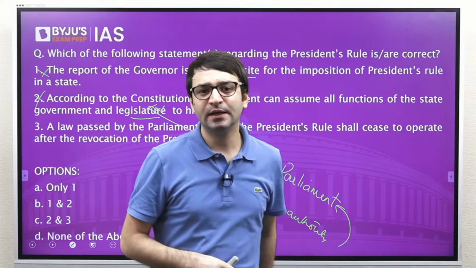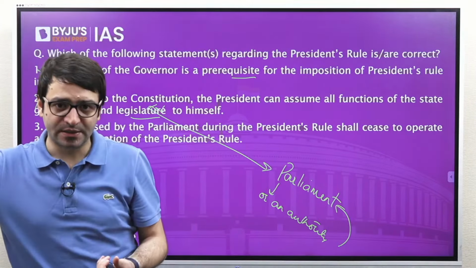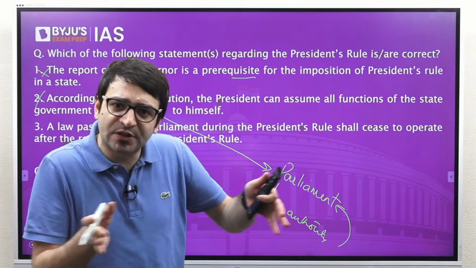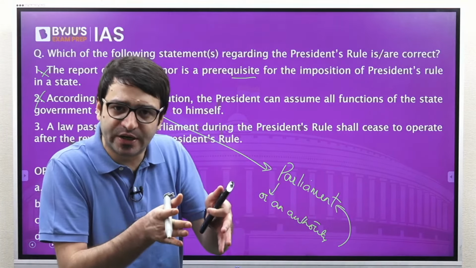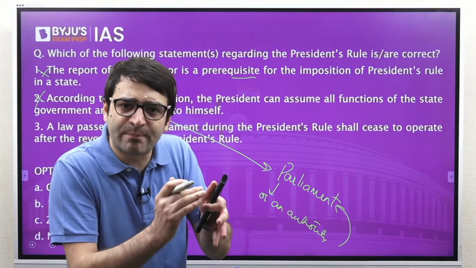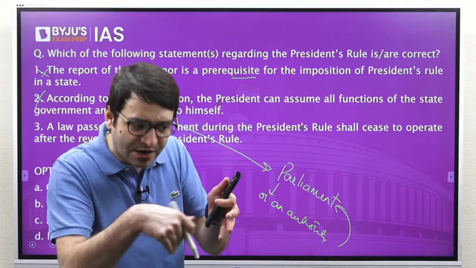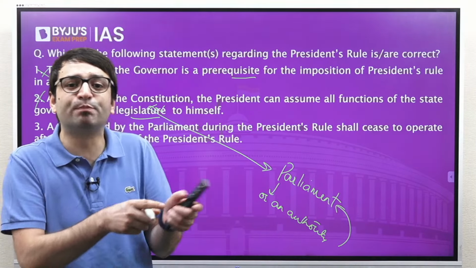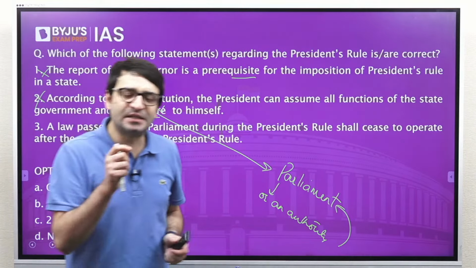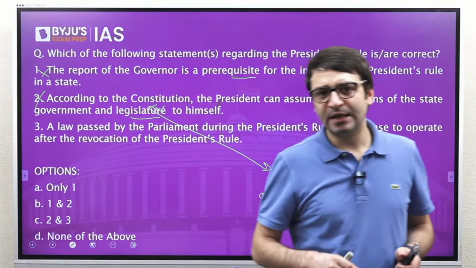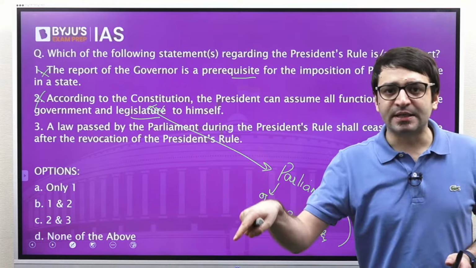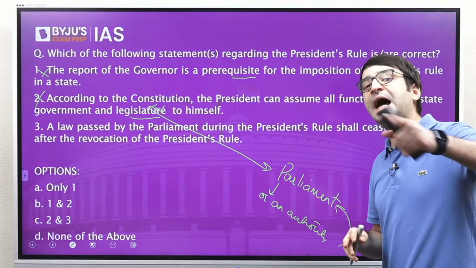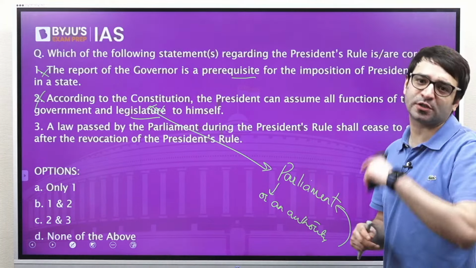But the law which is passed by the Parliament during national emergency continues only till the national emergency is in force in this country and can continue for a maximum period of 6 months after the revocation of national emergency. But that is not the case when it comes to President's rule. When President's rule is imposed in a state and a law on the state list is passed by the Parliament, this law continues even after the President's rule is revoked.